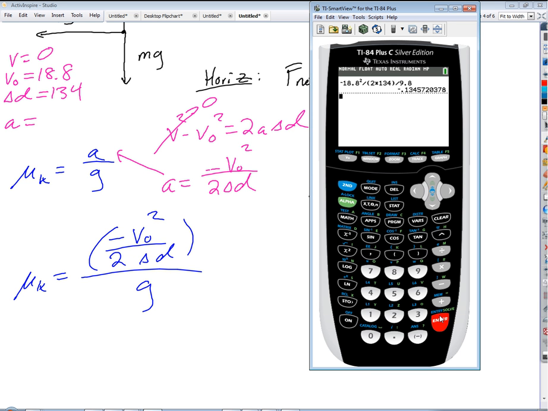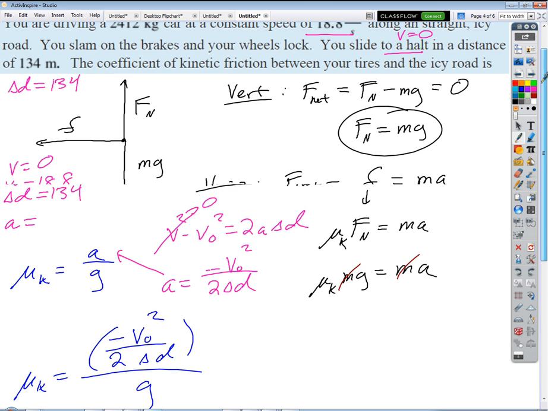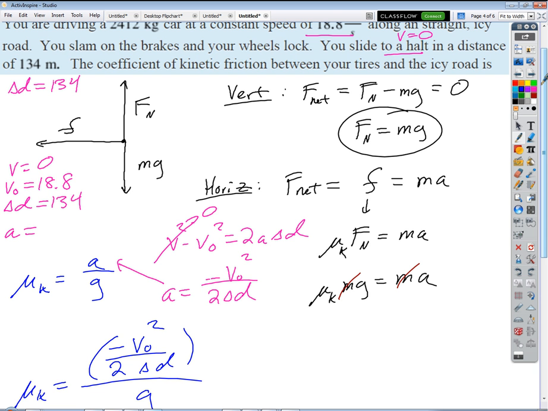Technically, the frictional force is negative, isn't it? See what I'm saying? This is actually a negative contributor, so when we solve for mu, that's going to change the sign.